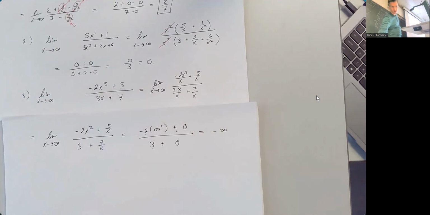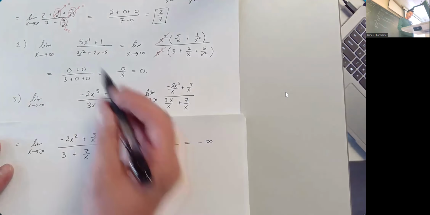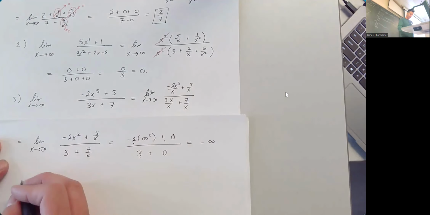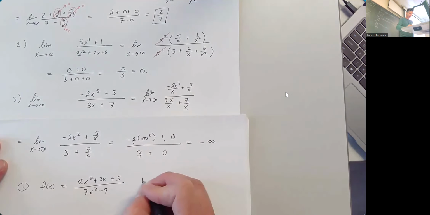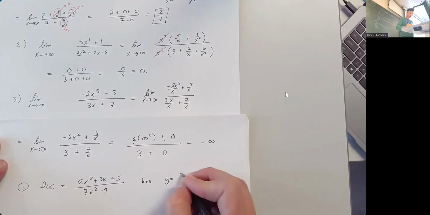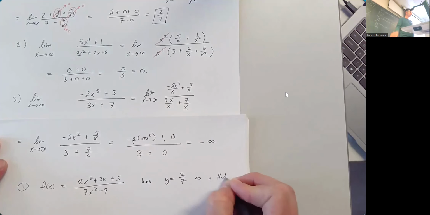Let's see what the chat question or comment here. Well, yeah, that's an excellent point. So looking back at both of these examples, we could say that from example 1, the function 2x squared plus 3x plus 5 over 7x squared minus 9 has y equal to 2/7 as a horizontal asymptote.